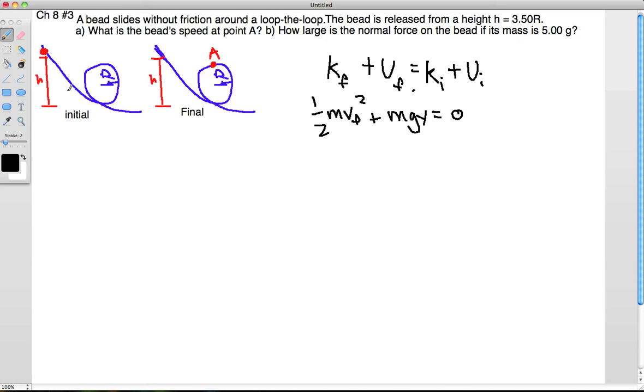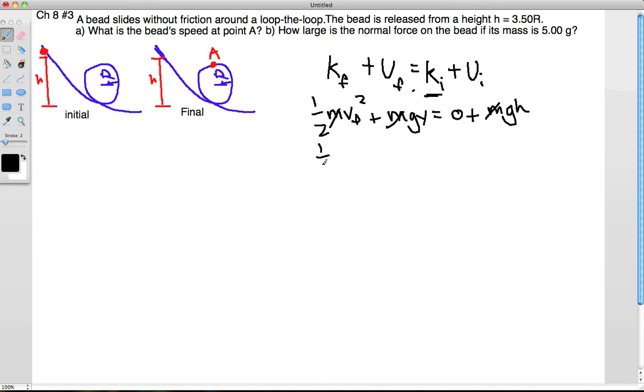So there's no velocity in the beginning, and it is stated that it started at the top. So that would make this 0. Add that to mgh. Because all of them have an m, you can just take it out. So it would be like that.